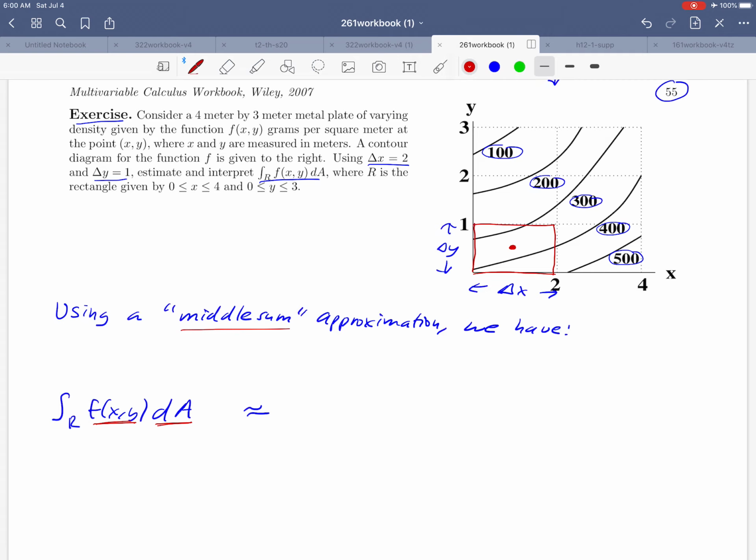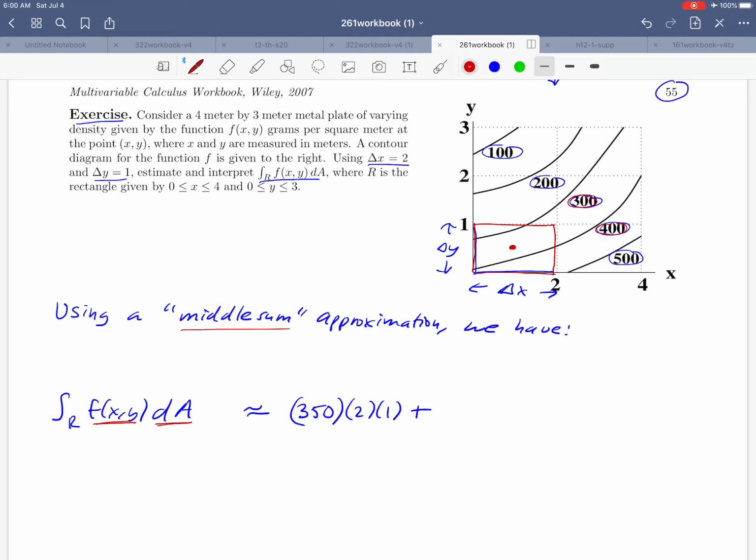Well, notice that that point is between the 300 and the 400 contour, so I'm just going to take 350 as my best estimate of the density right at that point. Okay, so we've taken the function value, and now we want to multiply by the area of that rectangle. The area is just delta x times delta y, which is 2 times 1. And there's the first term in the integral that we're estimating.